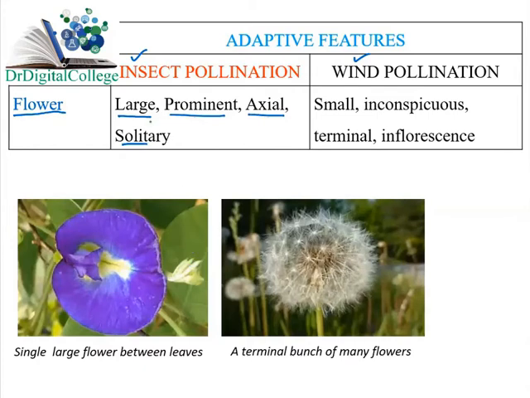You should be clear about all of these words. Large in size is very clear, such as, look at this. This flower is a large size flower. This is a single flower.